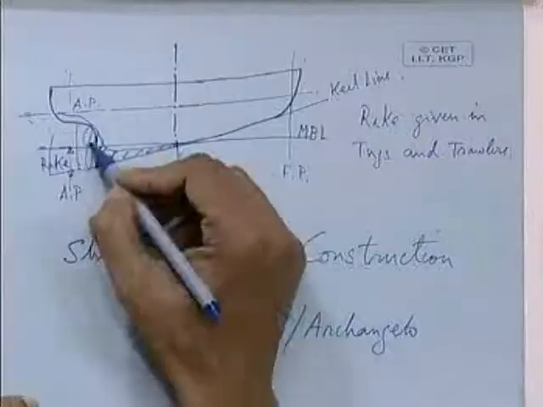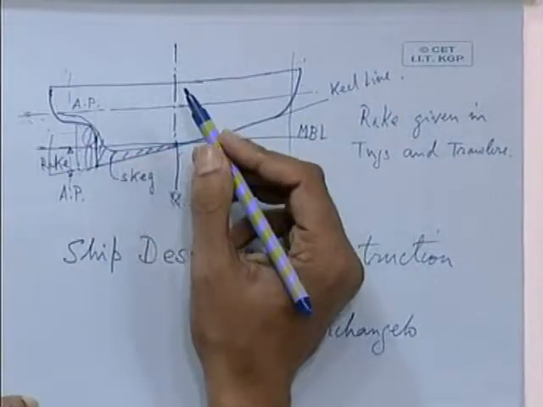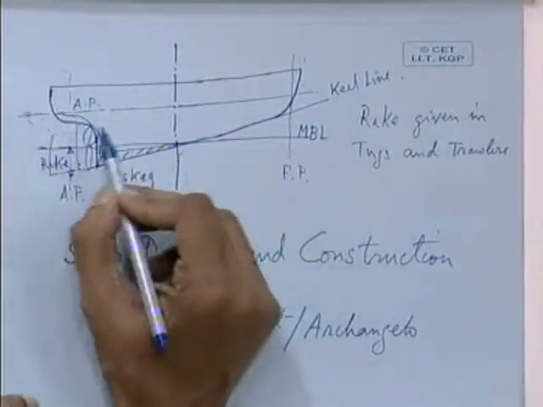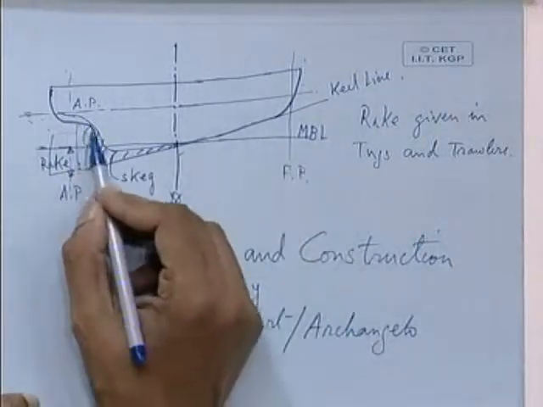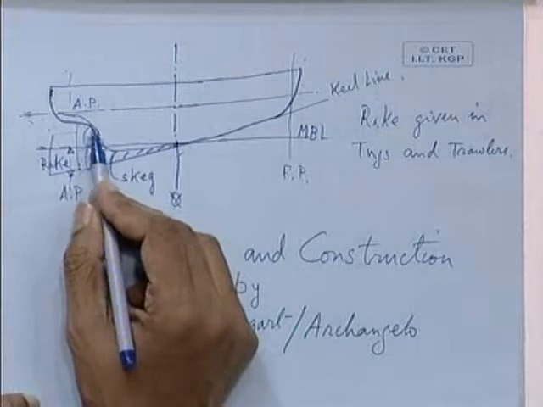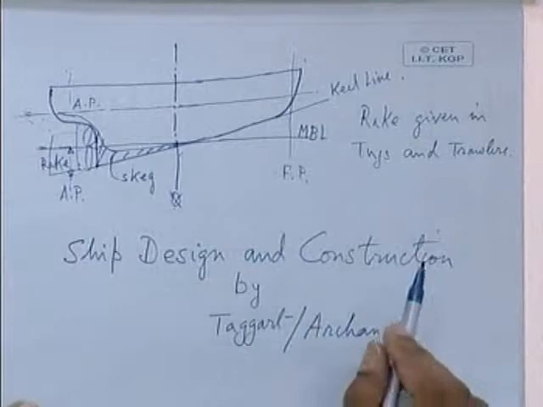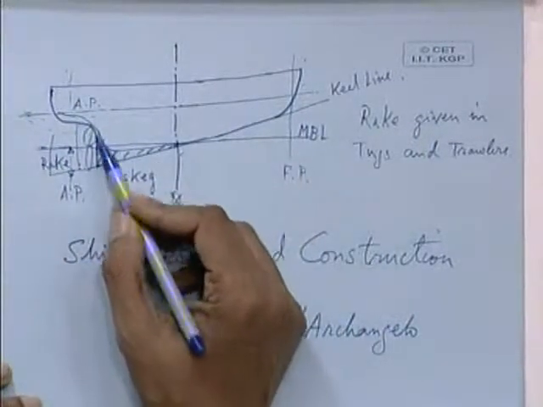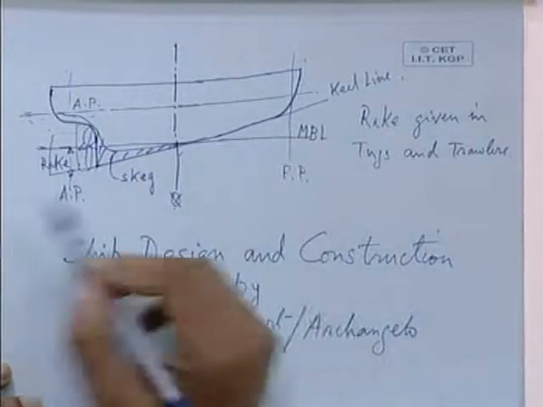The propeller of a tug will have a larger blade area ratio with the maximum diameter. So, if you want to immerse a large diameter propeller, obviously a small draft will not be sufficient for propeller immersion. When the propeller is not fully immersed, it will not give the maximum amount of thrust. The propeller will cavitate and will lose thrust. So, for sufficient propeller immersion and to house a larger diameter propeller, normally this rake of keel is given.